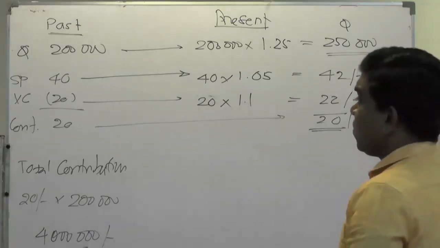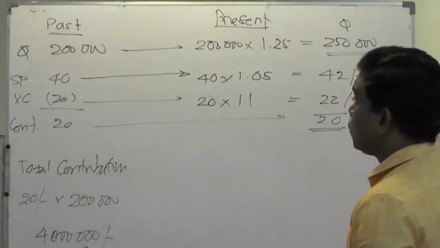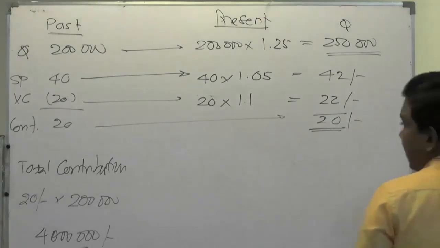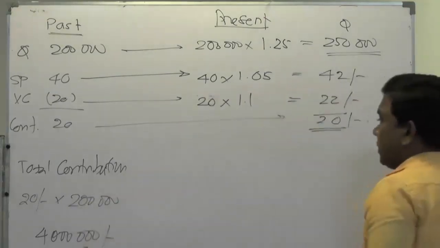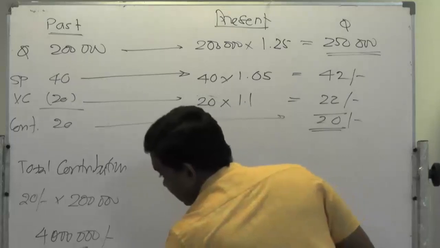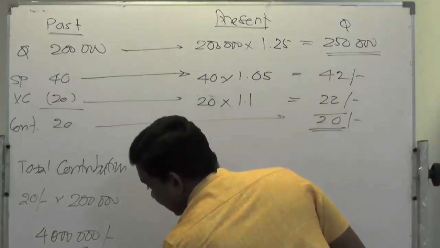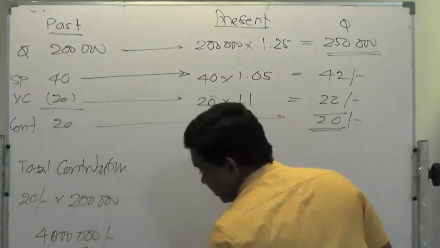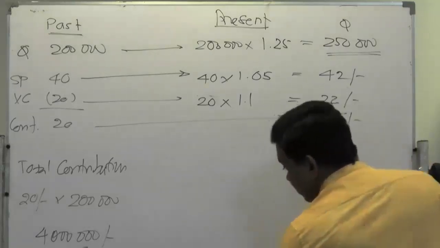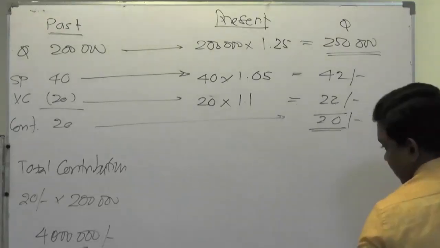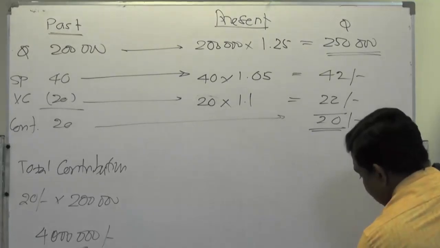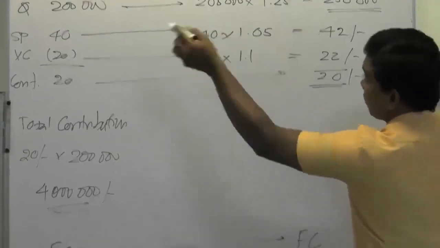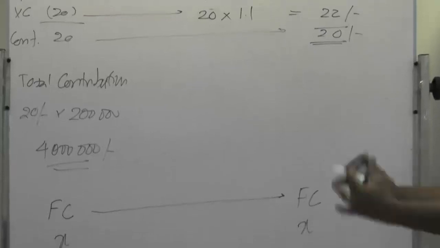Then they have mentioned fixed cost increased by 200,000. Now here they didn't give the fixed cost, but say the fixed cost is x here, and here also the fixed cost would be x. Why? Fixed cost is the same at any quantity level within the capacity.